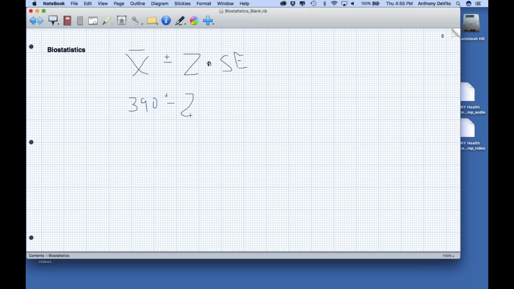That's the empirical rule. Times our standard error, which is 4. So I would take 2 times 4, which is 8, and add and subtract that from 390 to get a range of 382 to 398. I'm going to call that my 95% confidence interval.